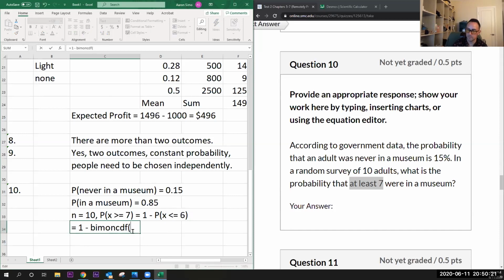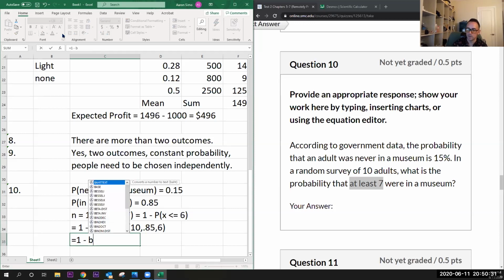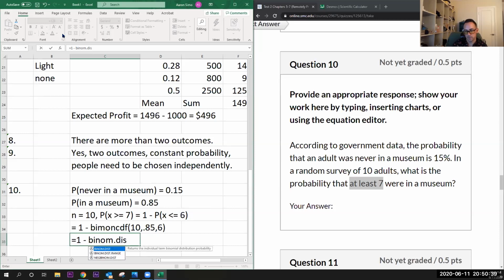Binom CDF, 10, 0.85, 6. Yeah. I don't know if we have that ability here, but look at that, maybe we do on Excel. I never tried it. I'm learning new things actually here.